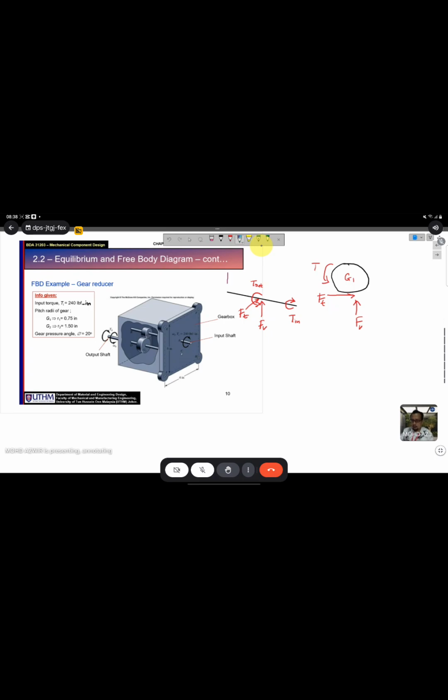At the top here is your Y direction, here will be your X direction, and here is your Z direction. So X, Y, and Z direction.